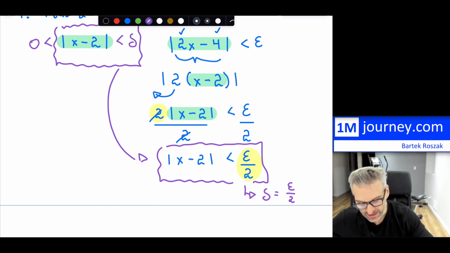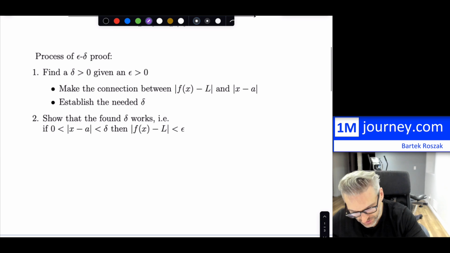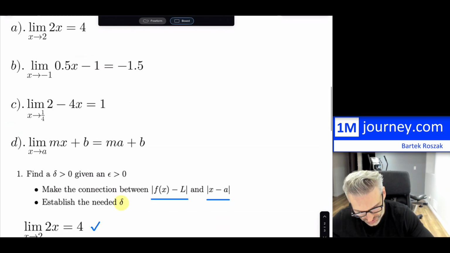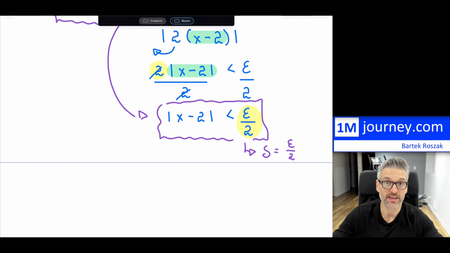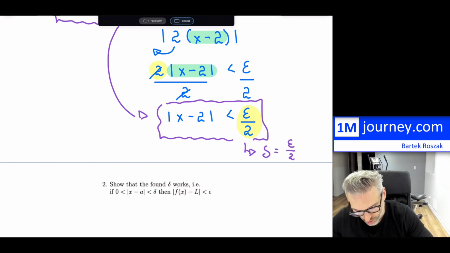So what do we mean by the condition holds? Well, now this is what is often very much forgotten, and sometimes students will lose marks depending on how strict your TAs or professors are. If you leave this and you say this is your delta, indeed it will be the delta that you need, but you need to now show that this delta actually works.